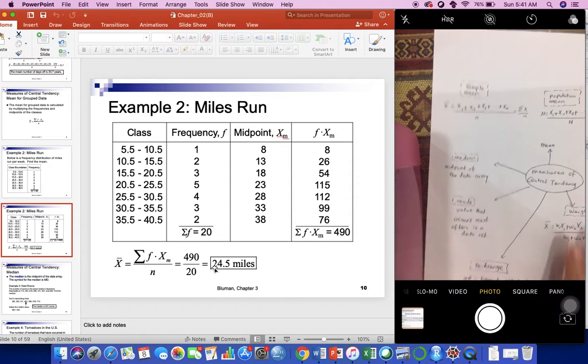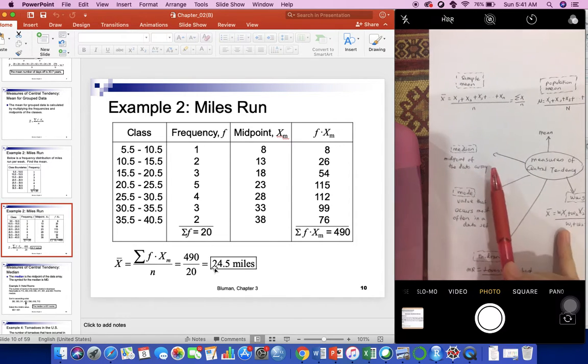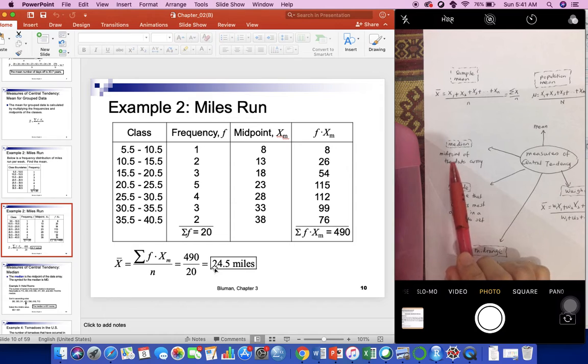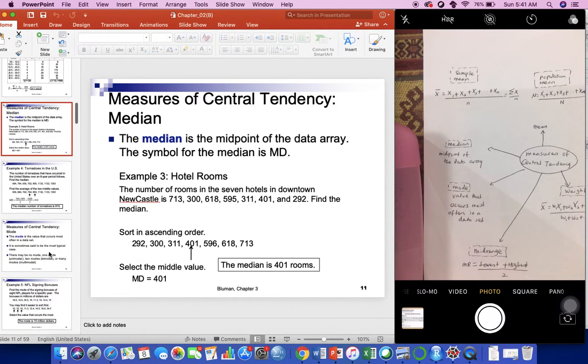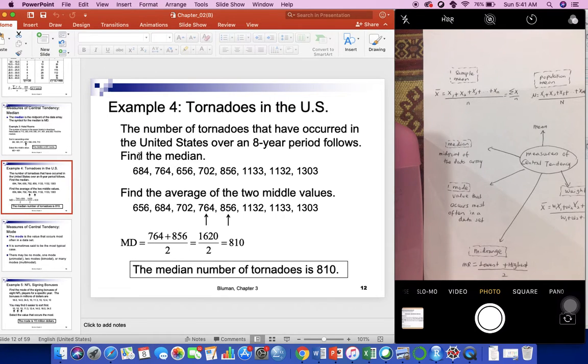Next is the median. So what is a median? Median is the midpoint of the data array. Let's take a look at one example. For example, the number of tornadoes that have occurred in the United States over an 8-year period follows. Find the median. This one is a data array, so we need to find the median in this data array.